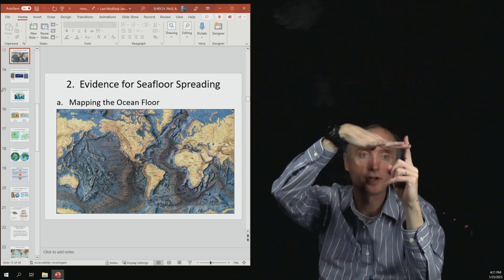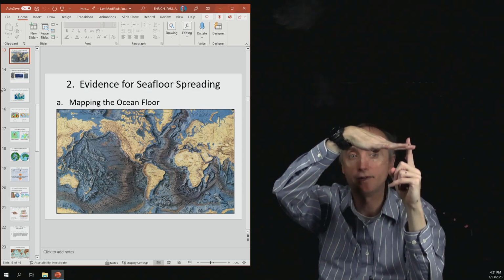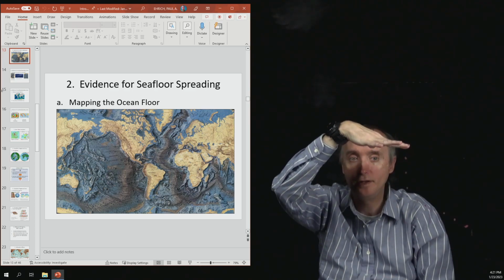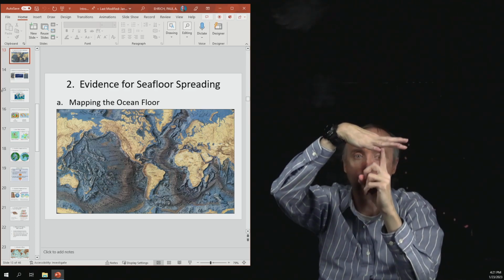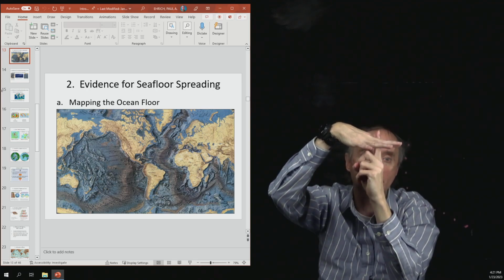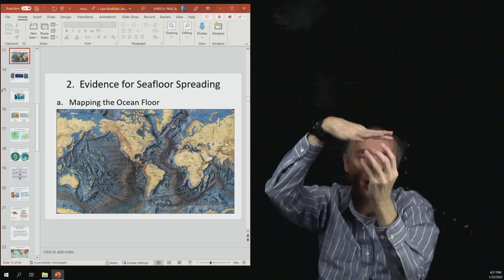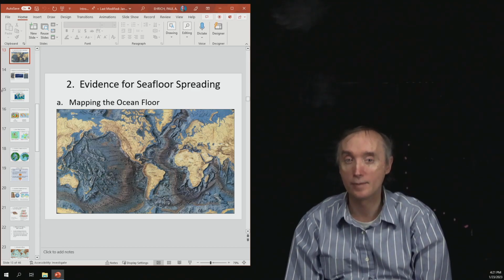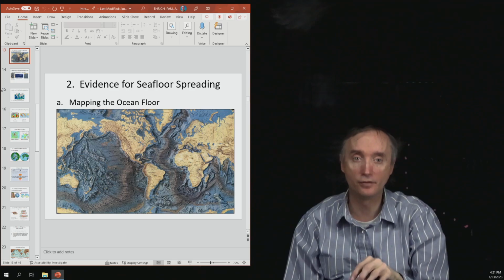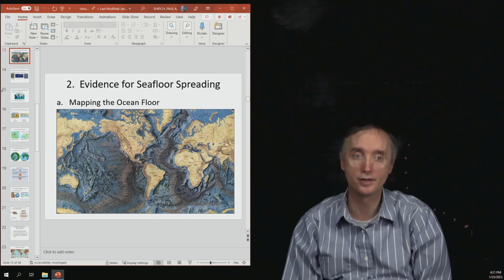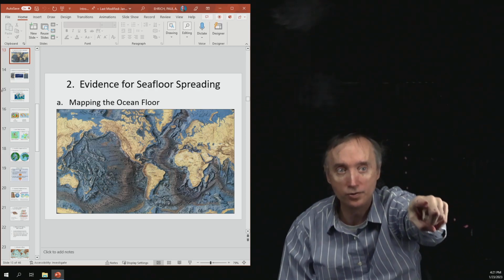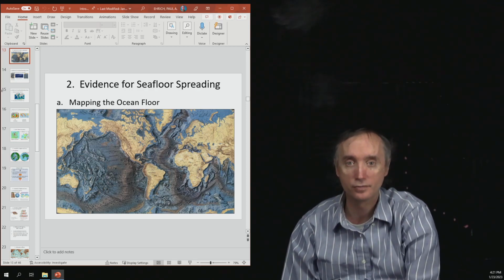So this volcano over here dies because it no longer has any material coming up underneath it. But a new volcano forms here, underneath where the hot spot currently is located. But eventually that volcano goes off the hot spot and it dies. So what you end up with is a whole string of volcanoes.